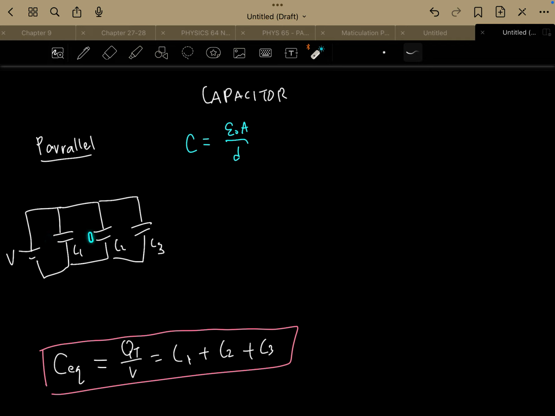The distance is always the same, D. We're not adding up the distance, but what we in fact adding up at certain time where the charge masuk ke dalam capacitance tu kan, we are essentially adding the area, right? Because if I were to sketch this, tambah mereka sama-sama, it will look something like ini tambah satu lagi 1, 2, 3. So the area makin panjang, but the distance is still the same.